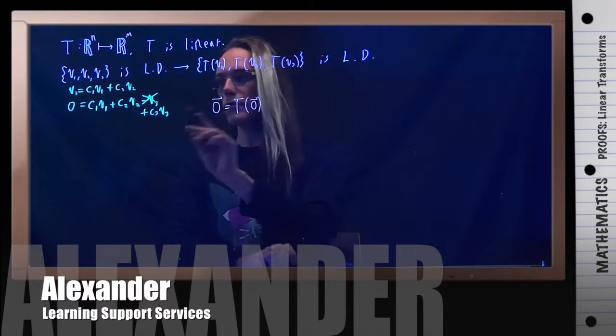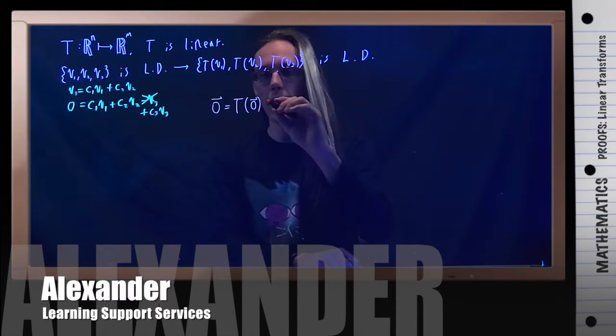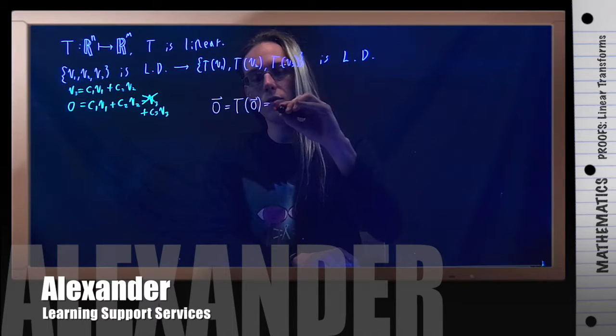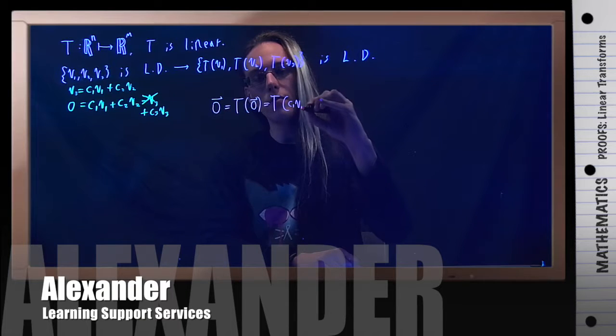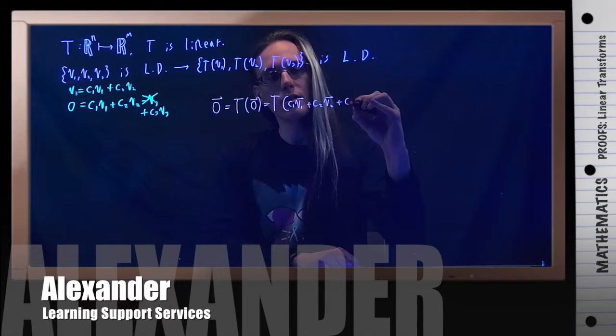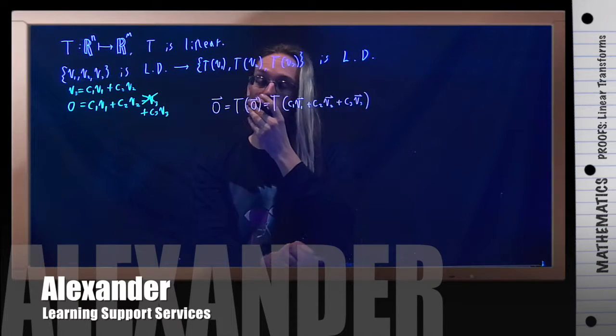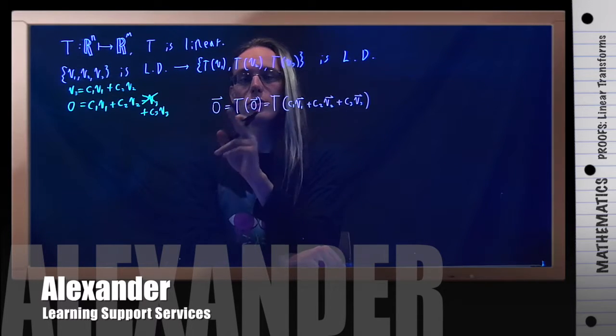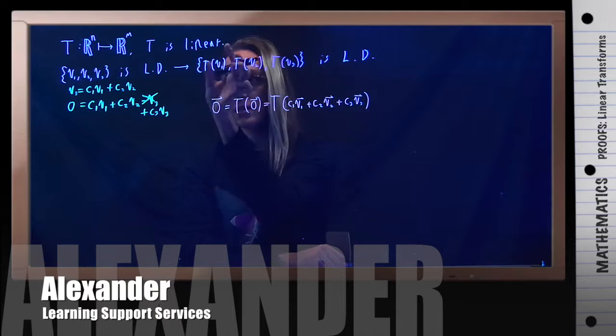And I haven't been writing the little arrows over the top. I will now do that. So this is a transform of c1 v1 plus c2 v2 plus c3 v3. I'm going to be very clear that all I did is say that 0 equals the transform of 0, which I can do because it's linear.